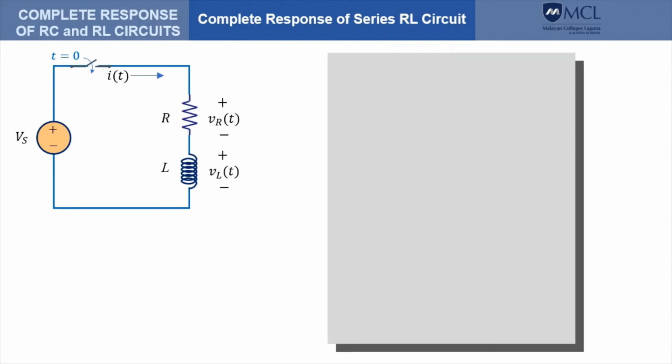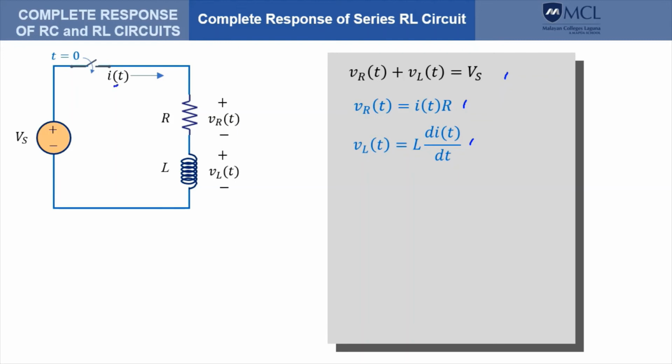Let us work on the series RL this time. Again, we're interested to know the voltage across the inductor V sub L, or the current through that inductor. We can apply KVL and produce this equation, but then again we know that V sub R can be expressed in terms of IR, and V sub L is L di/dt, where I is the current through the inductor, which is also our I through the circuit.